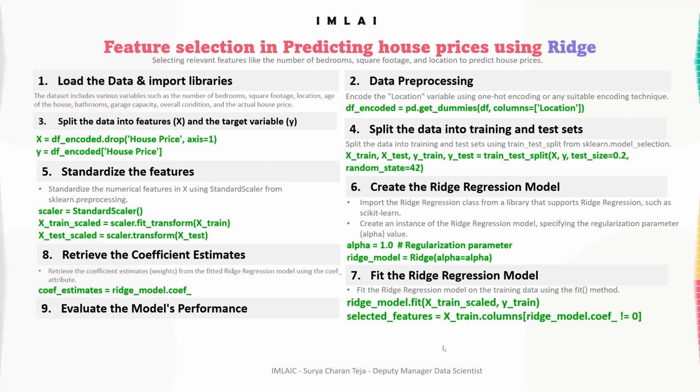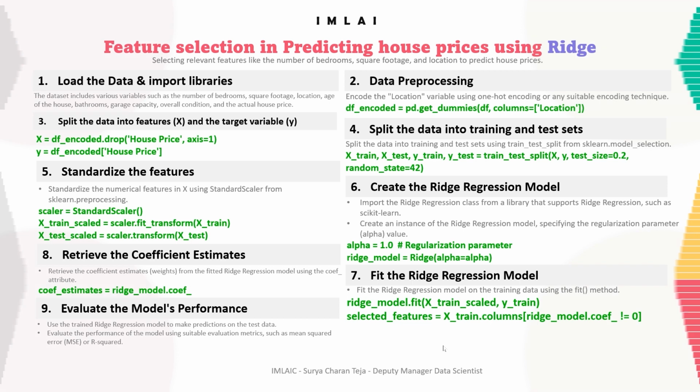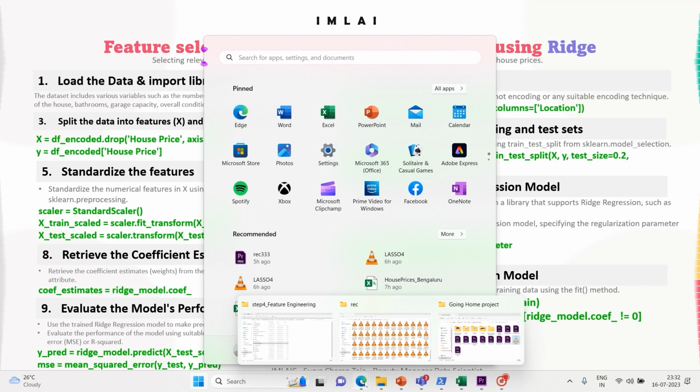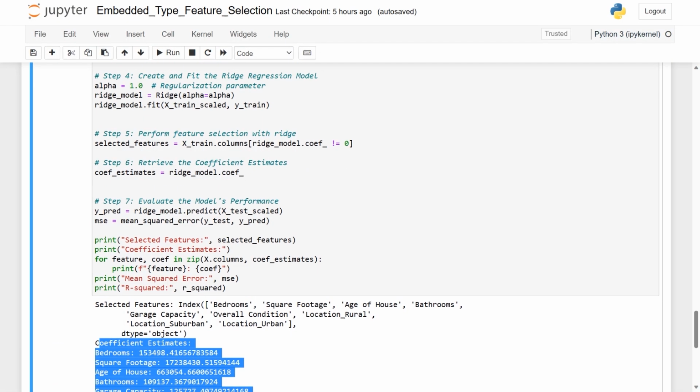So far whatever we have done, now it's time to take the trained ridge regression model to make the predictions on the test data, because the features have been selected, and on the selected features we will be evaluating the model. So using the MSE or R squared, let's test the model that we got.